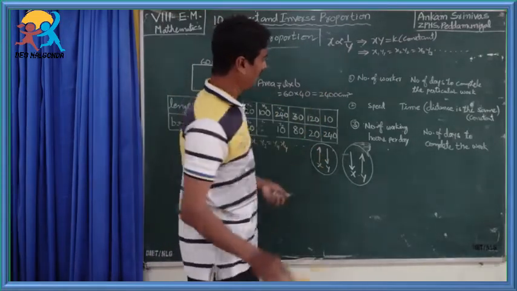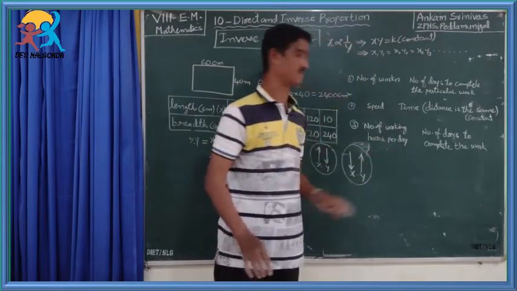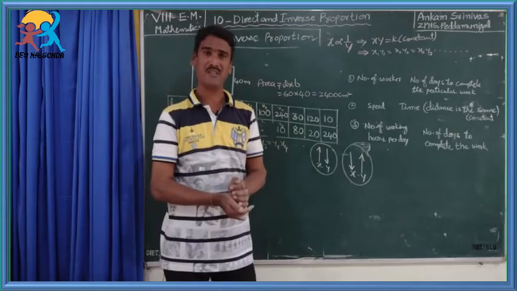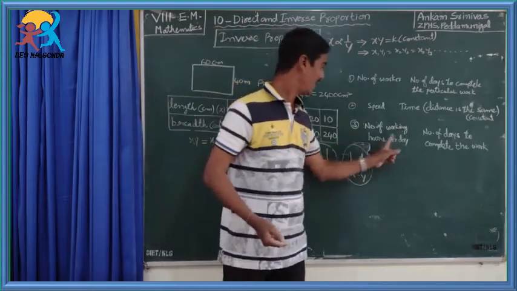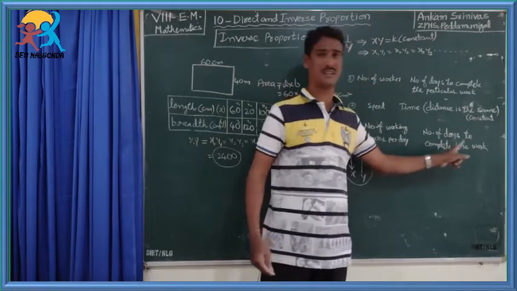So these two quantities are inversely proportional. And take another example: number of working hours per day and number of days to complete the work.